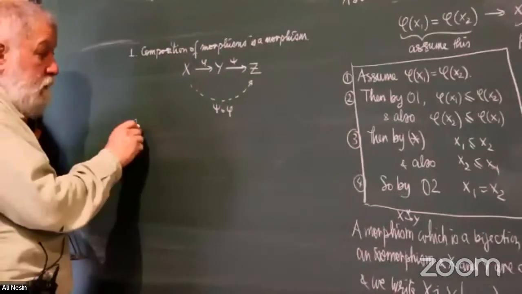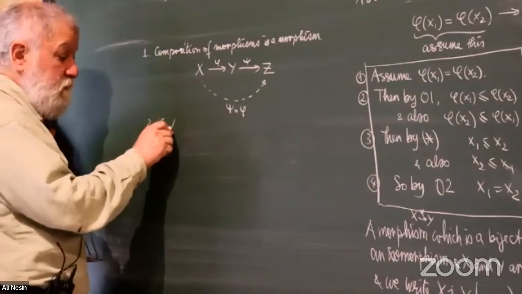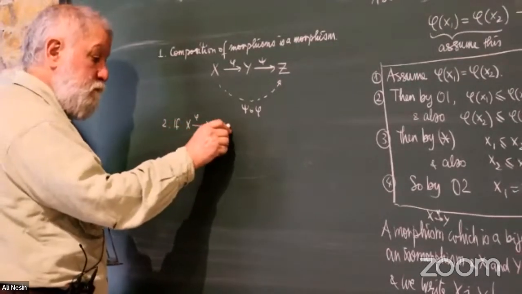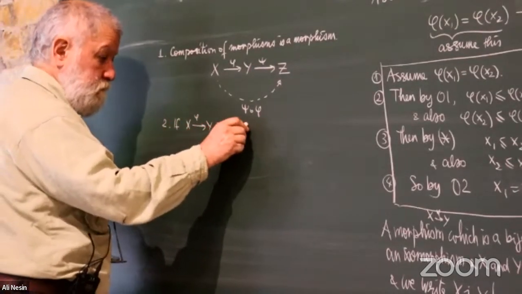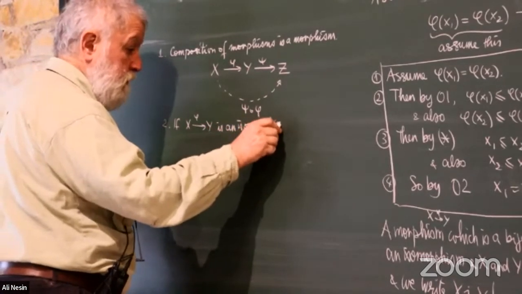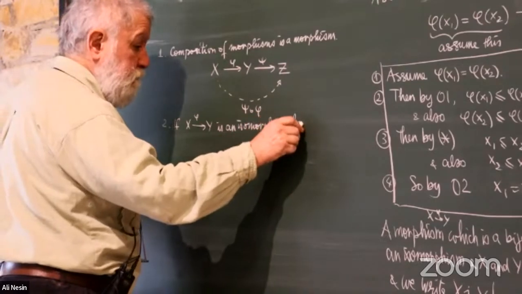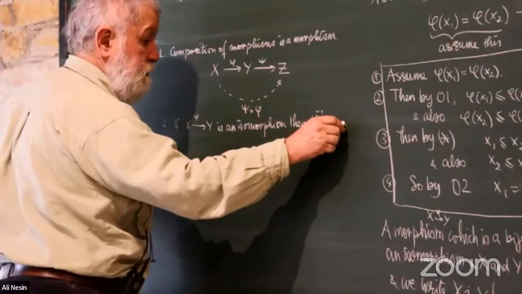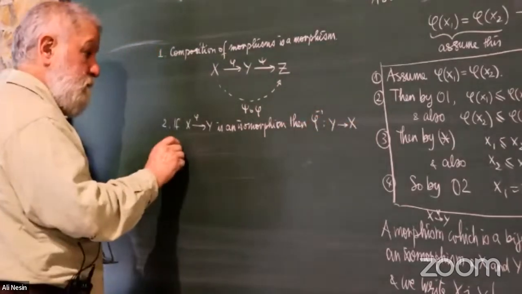Two, if phi from x to y is an isomorphism, so it's one-to-one and onto, then phi inverse from y to x is also an isomorphism.